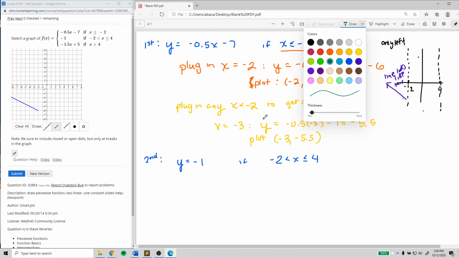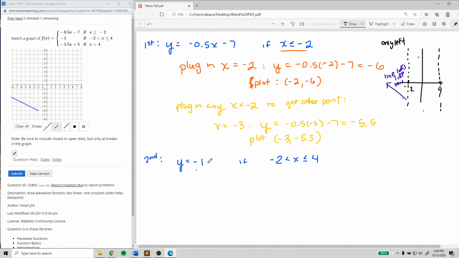What's really nice about this one is that when we have y equals a number, that is just a horizontal line. There's no slope. So we don't have to plug in anything really, we just need to plot the points.